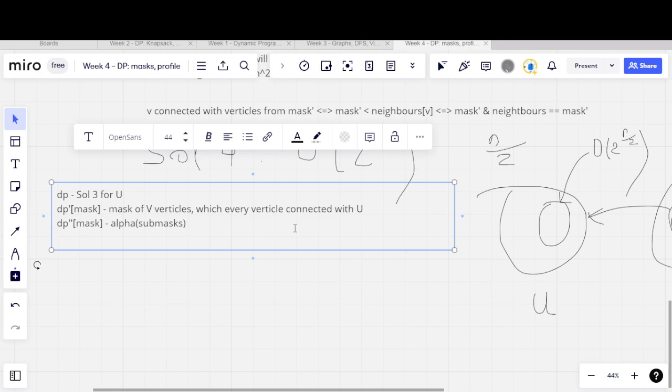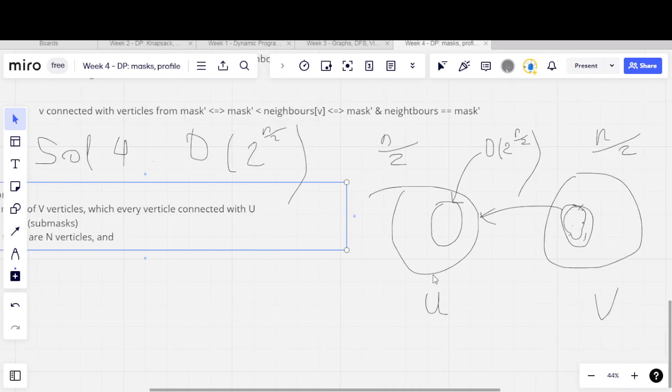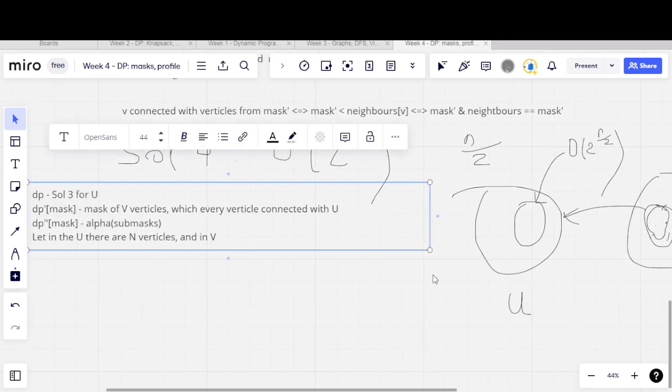Let on the left side, in the U, there are n verticals, and on the right side, in V, there are n verticals.